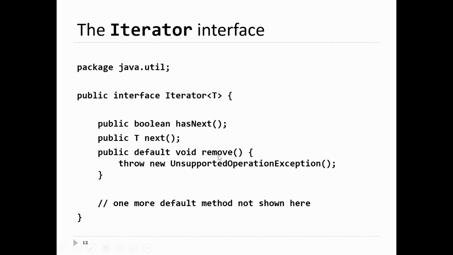So the way you implement an optional method is you create a default method and you throw an exception. In other words, if a class decides not to implement remove, then if someone uses an object of that type to call remove, they automatically get an exception. So in the class that decides not to implement remove, you document the remove method as saying this throws an exception.